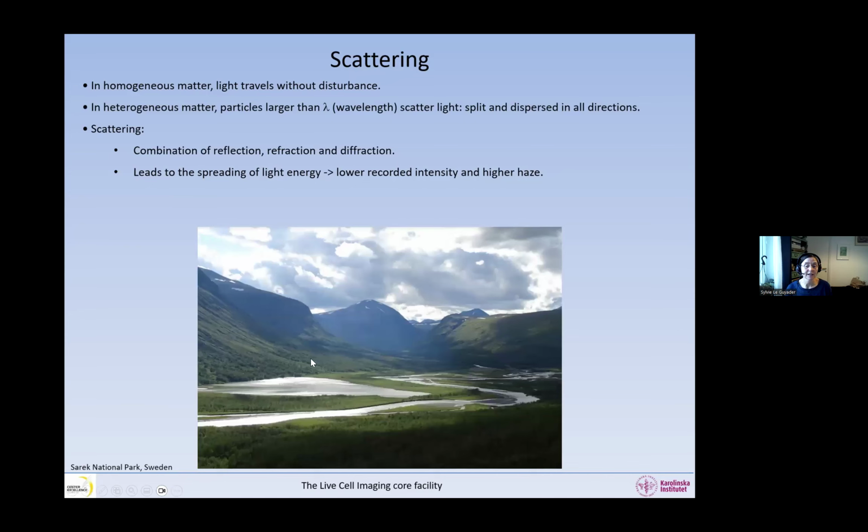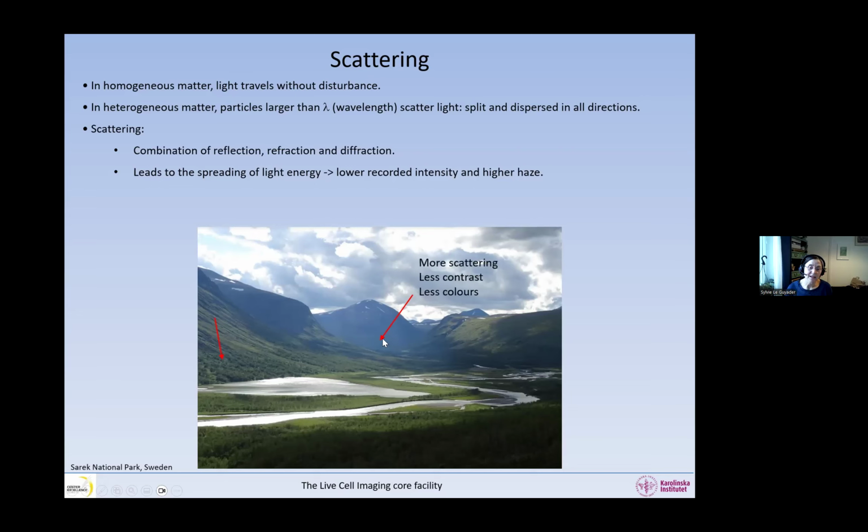If you look at this picture of beautiful Sarek National Park in Sweden, you can see mountains. Here you can see all the details of the little bushes, and it's very clear that all the mountains have these little bushes on the lower slope. But in the faraway mountain, you cannot see these details.